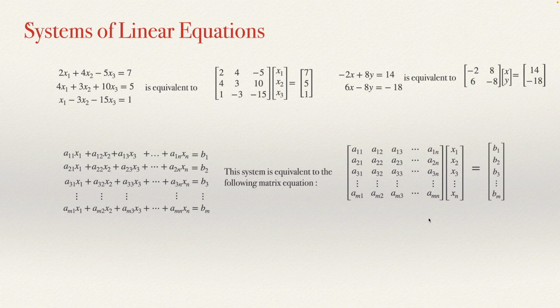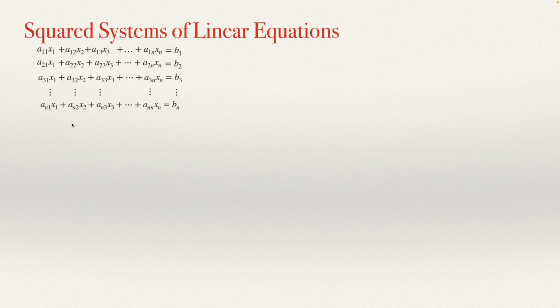So let's study the situation in which we have the same number of equations as the number of unknowns. So in this case we have n equations with n unknowns.